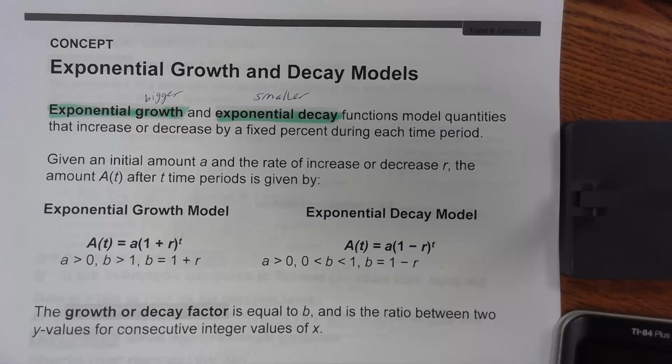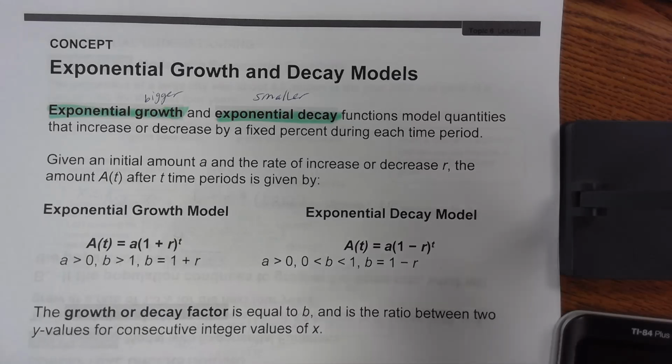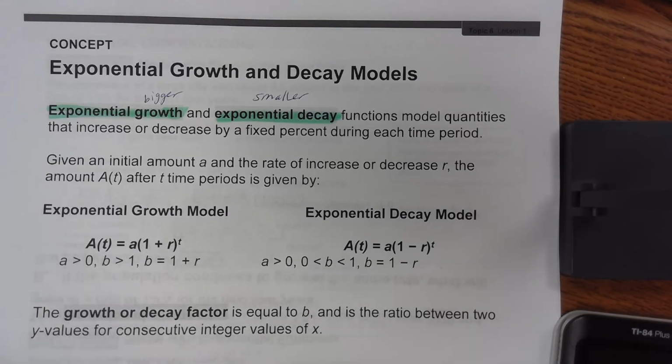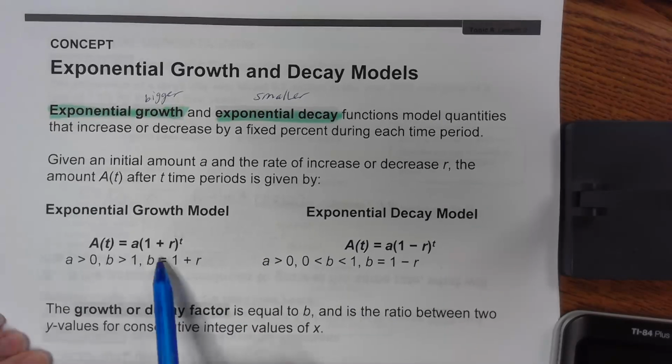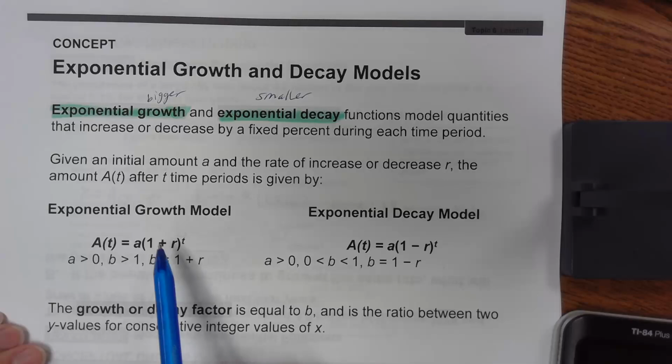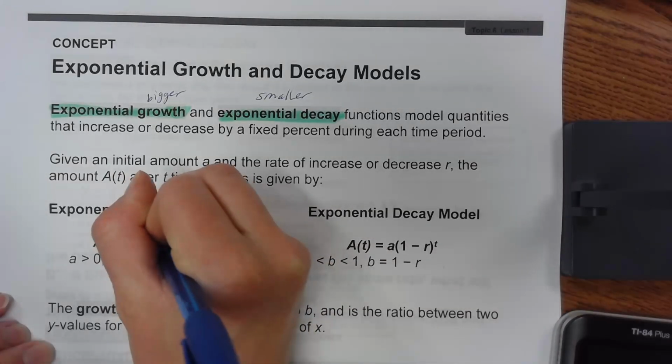So, given an initial amount and the rate of increase or decrease, the amount after t time periods can be given in the 2 following situations. We have our growth: 1 plus the rate. Now, what was that 1 plus? This is like that 100%.